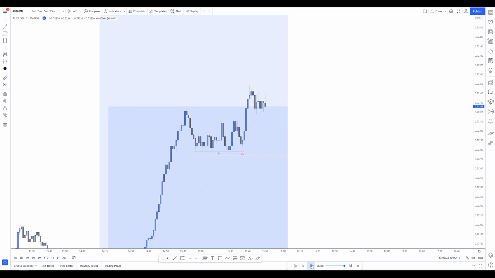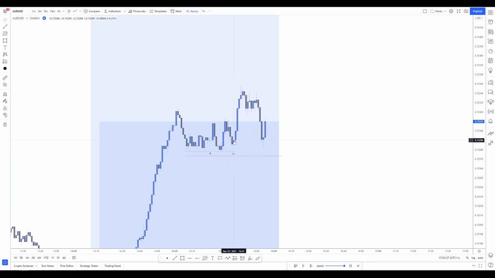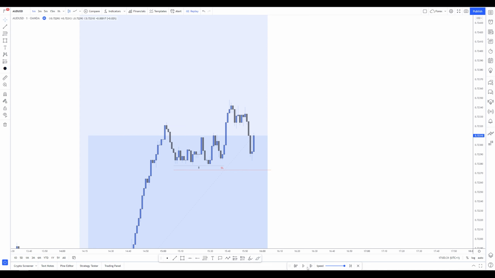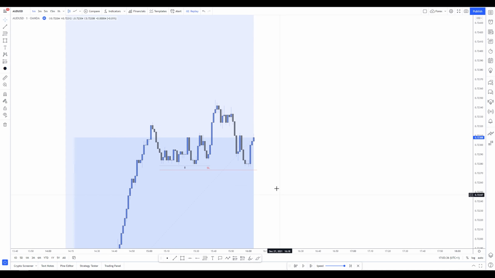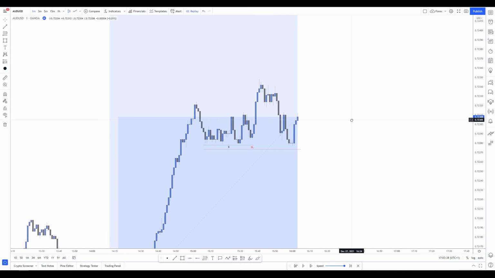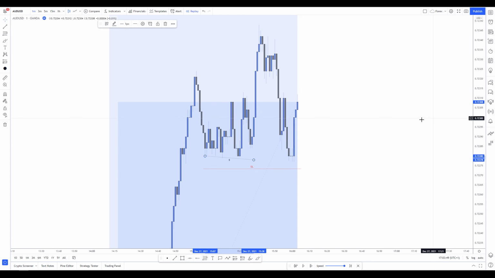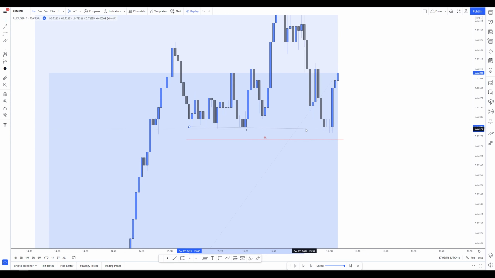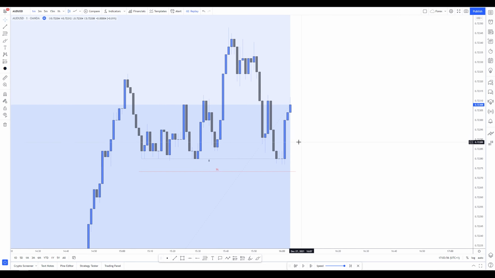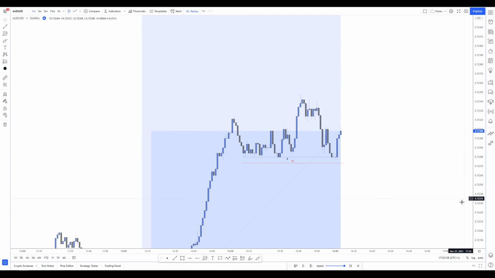So then price came below, took this order block, and then when I saw this, we can really see this right now. Price took this order block, came above, and took out the liquidity that was below here. Let's be accurate and really look at this. So price took the liquidity and then moved above.